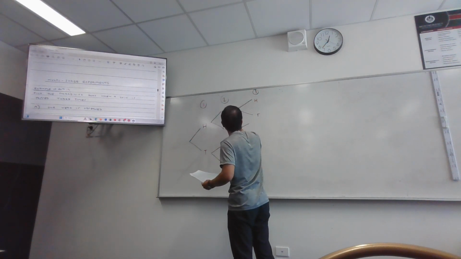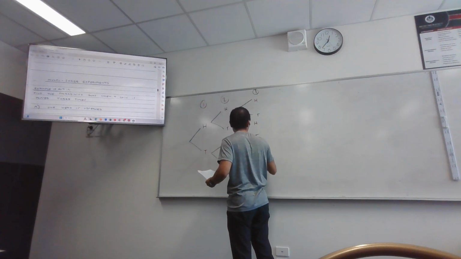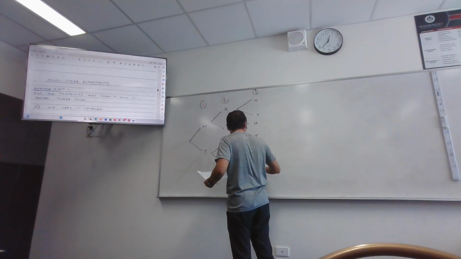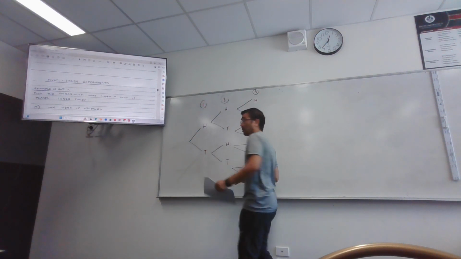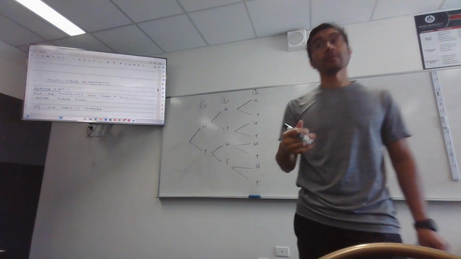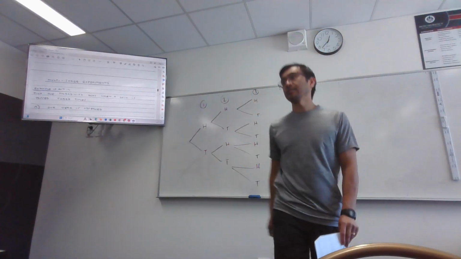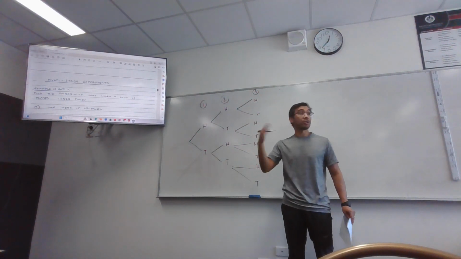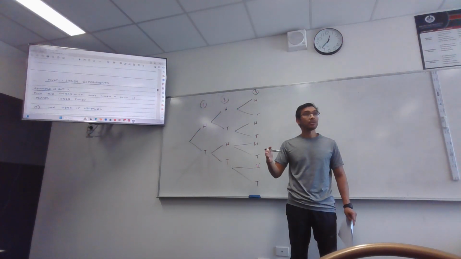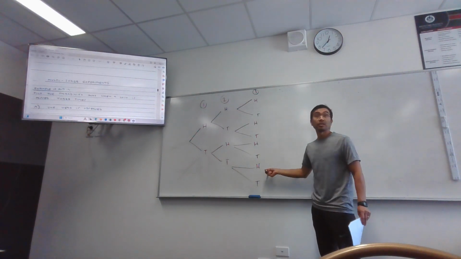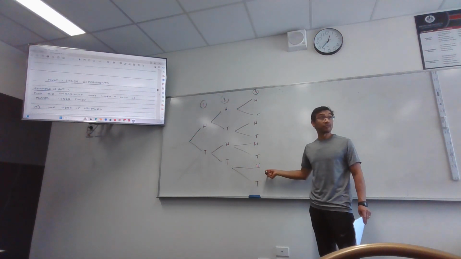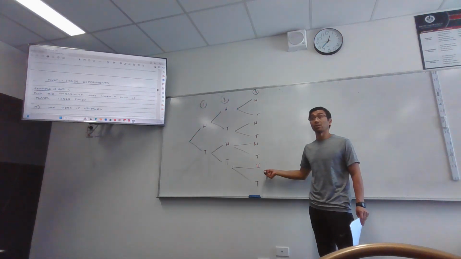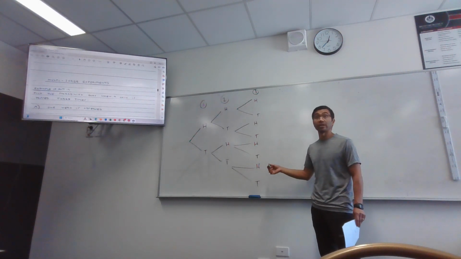Now, this is only useful with a small amount of trials. You're going to be doing probability when there's hundreds and hundreds of trials. Guess what? This isn't going to help you if you're going to do hundreds of times. You're going to end up with a really big tree, and that's going to take too much time.